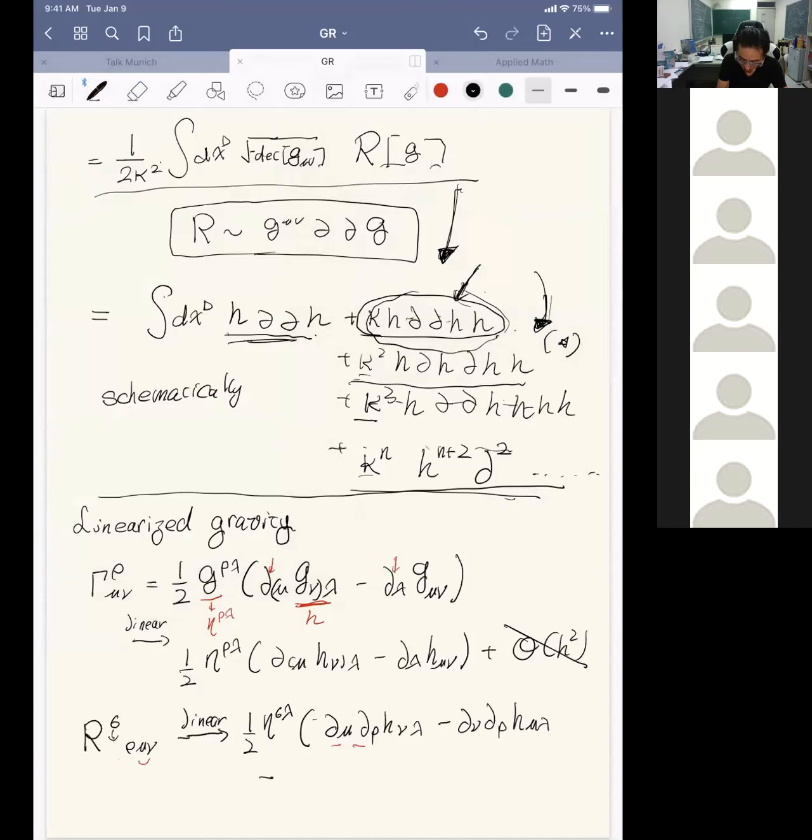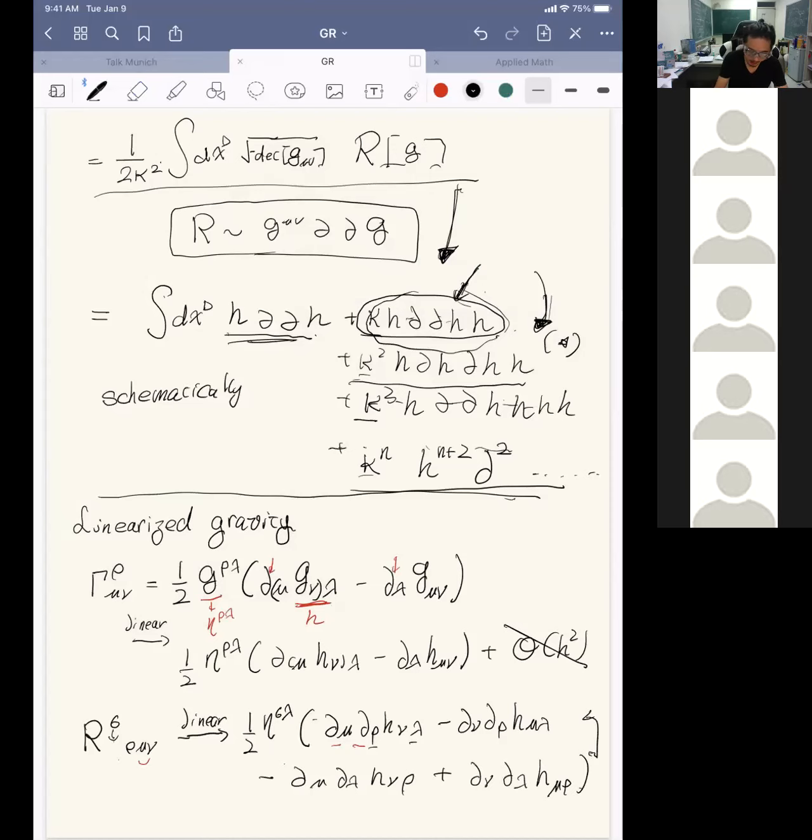So we also have an antisymmetrization between ρ and λ. So we're going to have minus partial λ h_{νρ}, and then finally you exchange both μ ν and ρ λ, and you get a plus sign. Okay, so this is your linearized Riemann tensor.